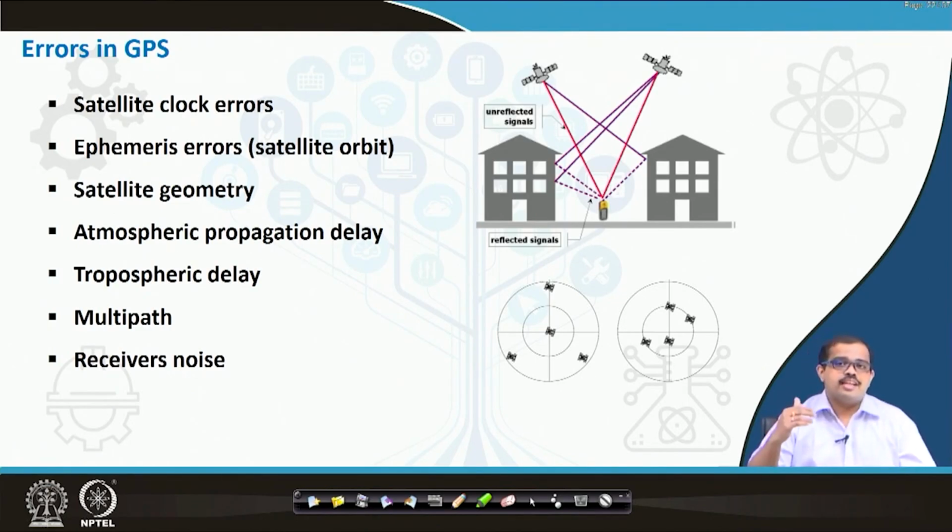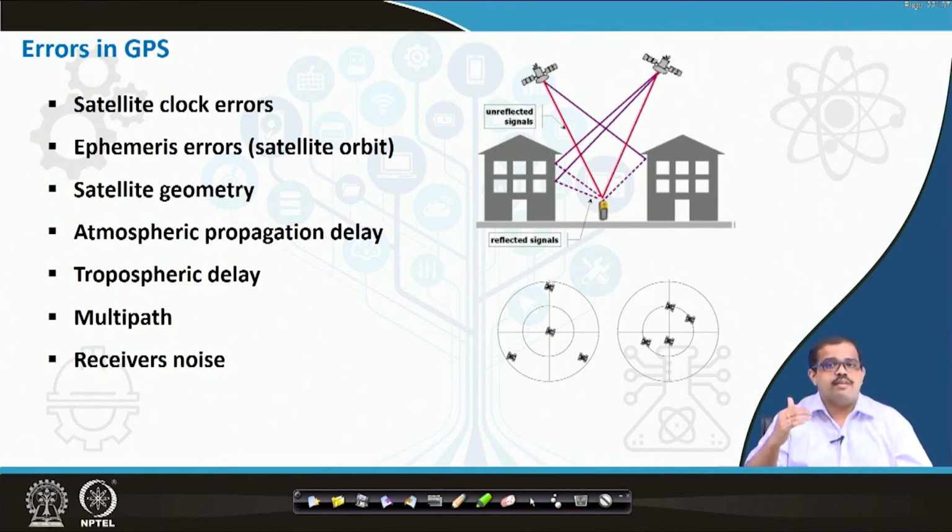The next thing is the atmospheric propagation delay. I spoke about the ionosphere issues. The ionosphere interferes with the GPS signal, that is, there is interference due to the composition of the ionosphere, because of which we lose a lot of signal as it propagates through the ionosphere.